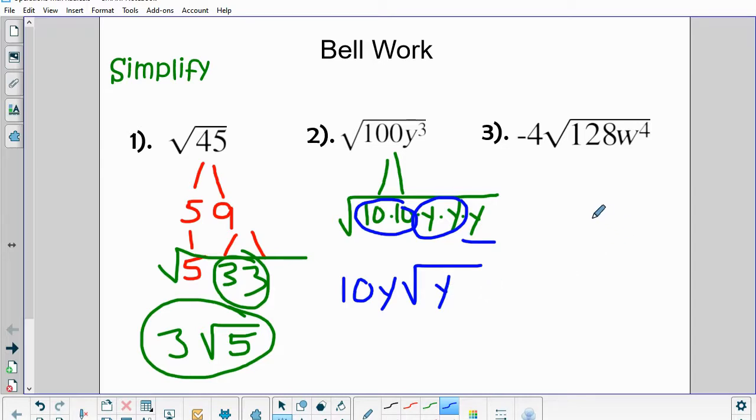Now on this last one, there's actually a number out in front of the radical, so when we start pulling things out, we're going to have to multiply whatever we pull out by that number. So let's not forget to do that. So 128, sometimes I like to just divide it in half if it's an even number. So that would be 2 times 64.